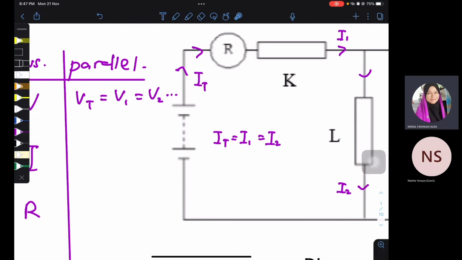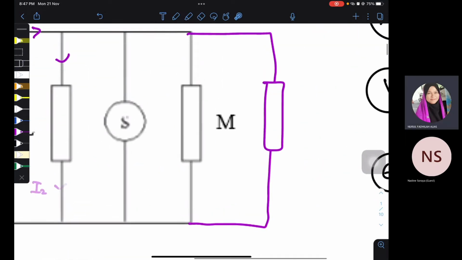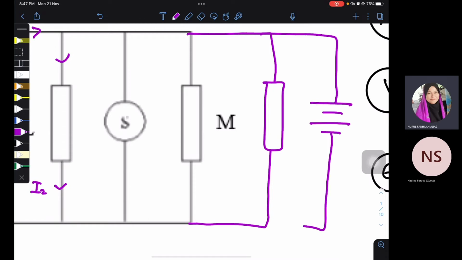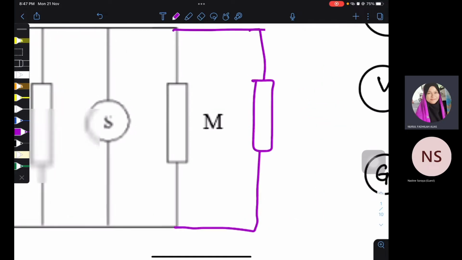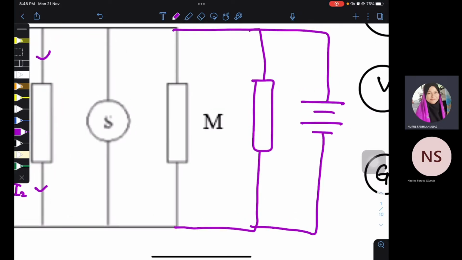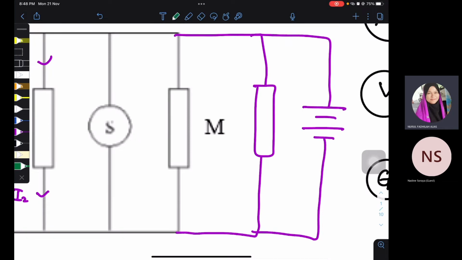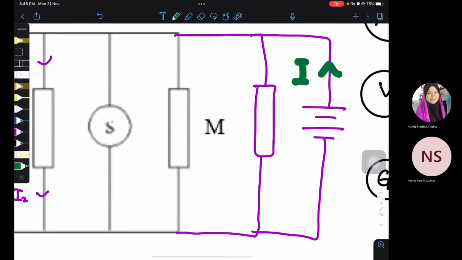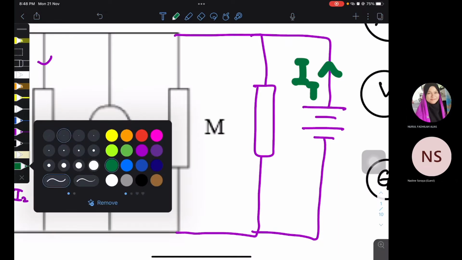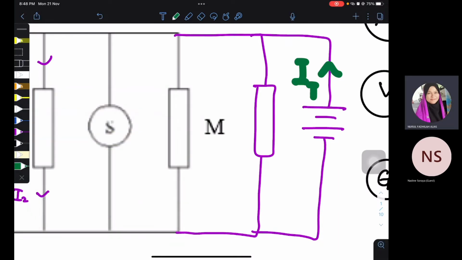Tapi what happen if in parallel dia macam ni. Kalau in parallel, let's say kita sambung circuit ni, contoh je, not this question. Katalah this is the circuit. Ada 3 resistors and 1 battery. Macam mana current flow? Current flow, this one I total. And then once dia masuk junction, dia terpaksa split.